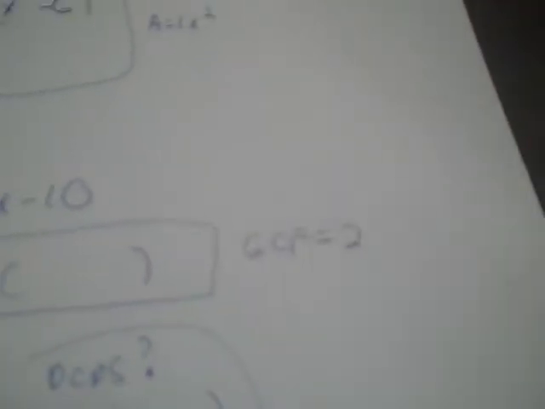You don't have x, but you can divide them by 2, so the greatest common factor is 2. That becomes 1x minus 5. That's not a difference of perfect squares. It is most definitely not. So I'm going to have 2 times 1x minus 5. Don't forget to write the 2. So I replace this with 2 times x minus 5.